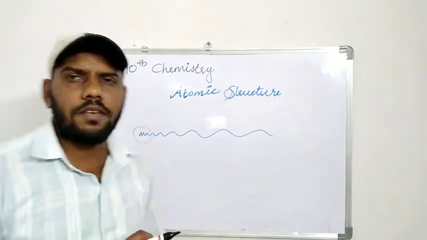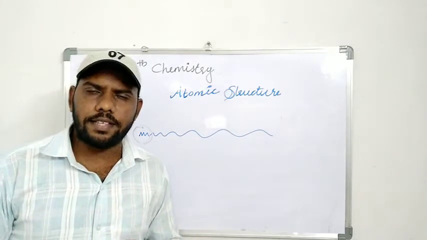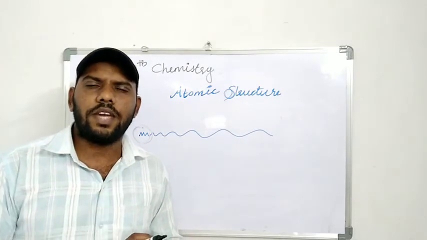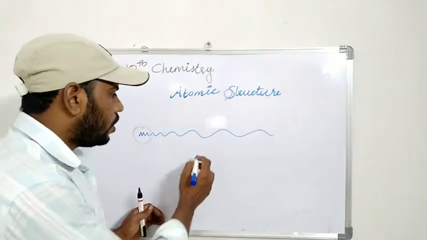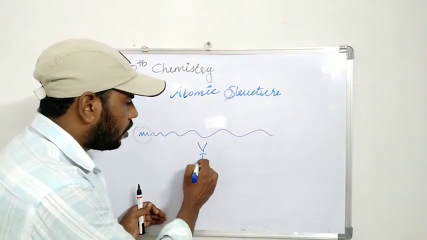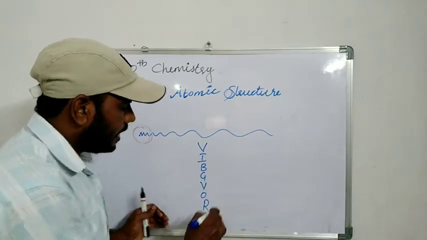Now come to our important point. We mainly see in the rainy season or after the rainfall a beautiful rainbow. Yes or no, children? In this rainbow, as we have studied from small classes onwards, there are 7 colors. We call it VIBGYOR.